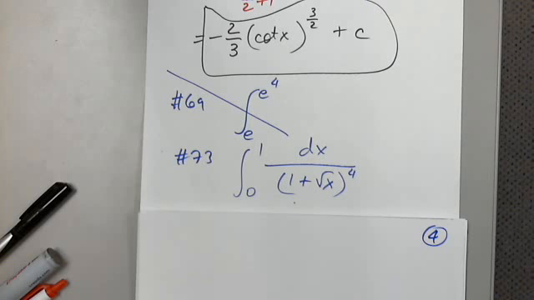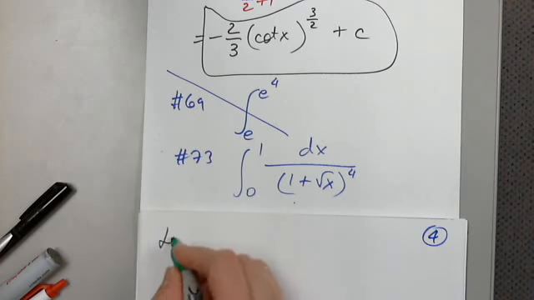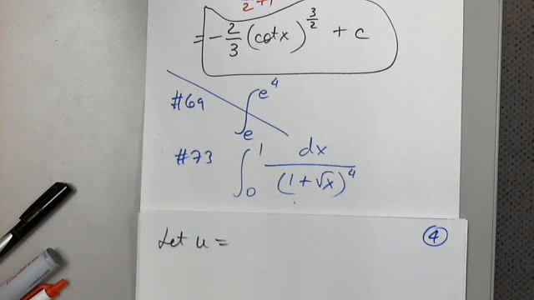I can manipulate the way I like. But when it's a sum of terms or difference of terms, I really don't like it. So you will say, let u be 1 plus the square root of x. Let's give it a shot. We'll know immediately if we are on the right track or what we need to do and how.